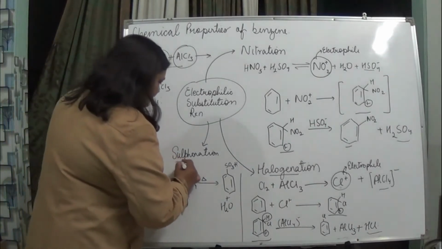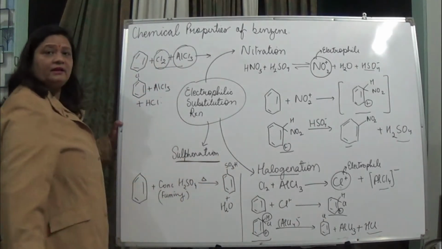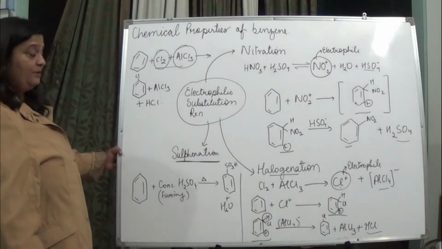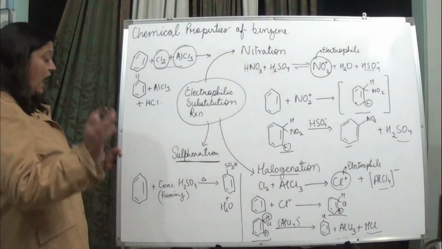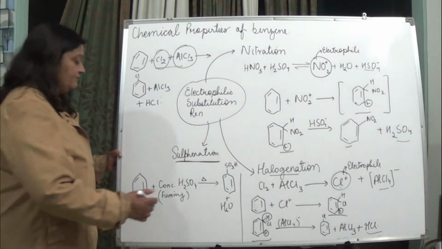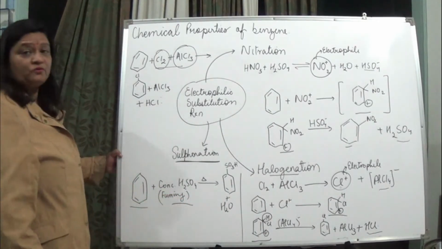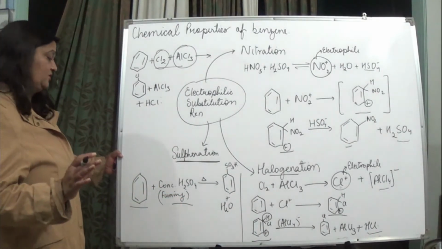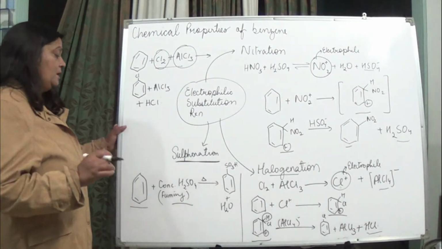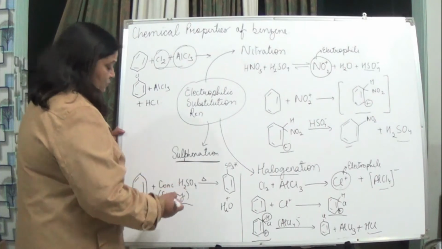When I am saying sulfonation reaction, it means H2SO4 will come, and sulfonic acid will be attached to the benzene ring. How? We have taken benzene and concentrated H2SO4, 98% concentration should be there, because it should be a fuming one.